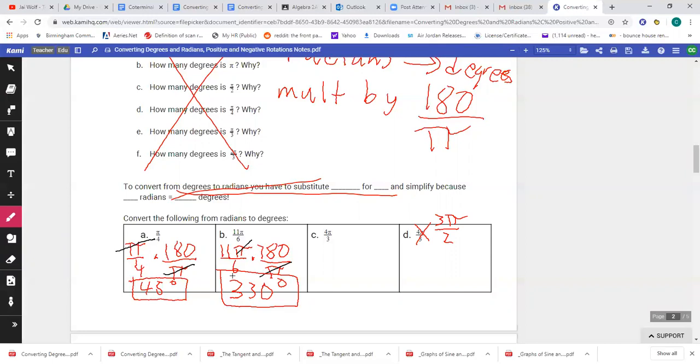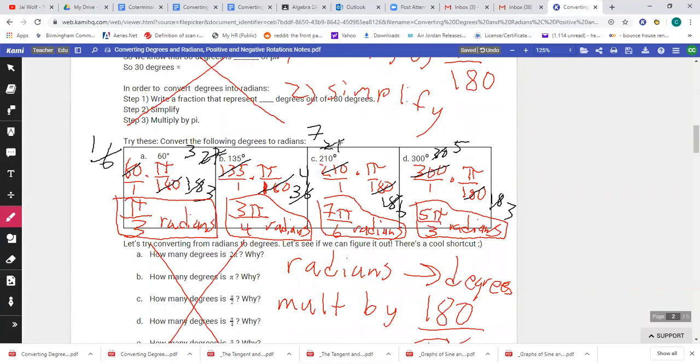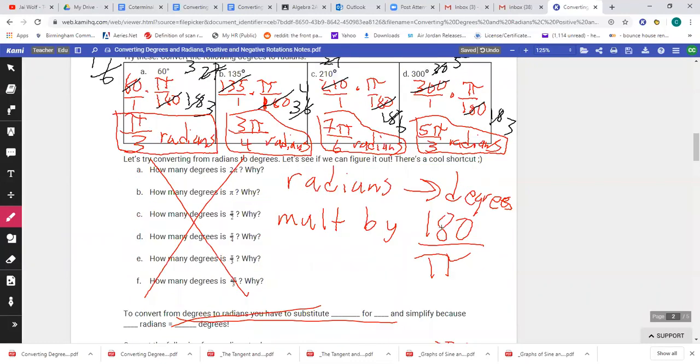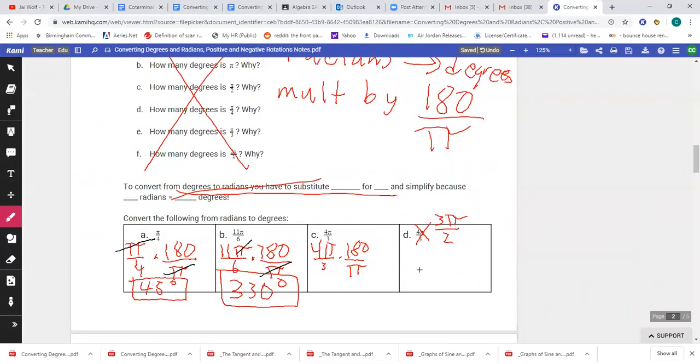Okay, so let's go ahead and see our answers here. So 4 pi over 3, and I multiply by 180 over pi. By the way, you shouldn't get really confused over which one I multiply by, pi over 180 or 180 over pi, because going from radians to degrees, I need the pi's to cancel. So that's why pi has to be on the bottom. So it's 180 over pi.